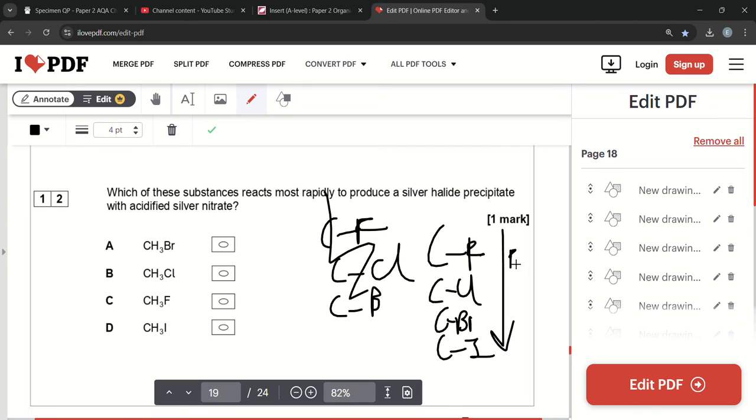As we go down, faster substitution, because bond enthalpy decreases. So the one that's going to have the faster substitution is the C-I bond, therefore it's D.